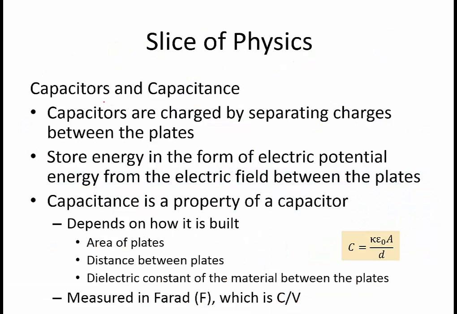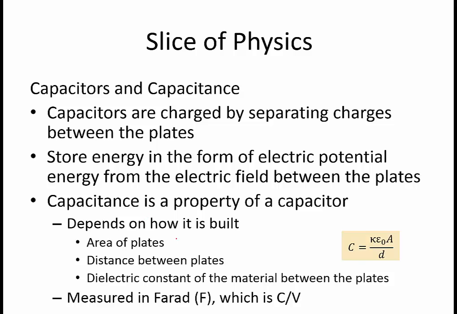In this slice of physics, we discussed capacitors and capacitance. We first saw that capacitors are charged by separating charges between the plates, and when you separate charges between the plates, that creates a potential difference across the plates. And capacitors store energy in the form of electric potential energy, which comes from the electric field between the plates. Then we learned about this property of capacitors called capacitance.